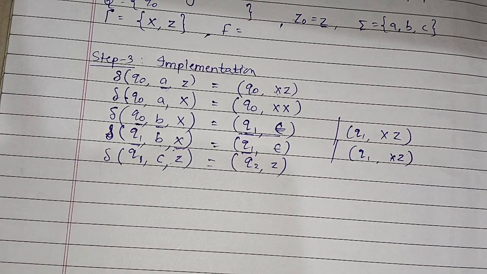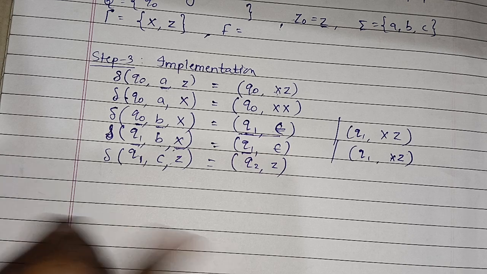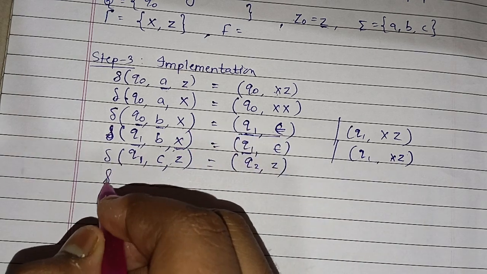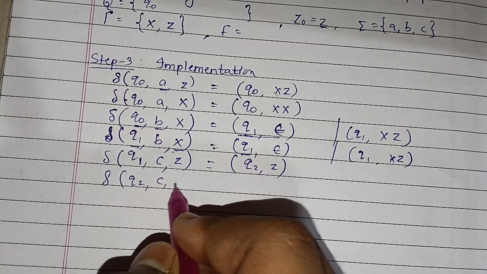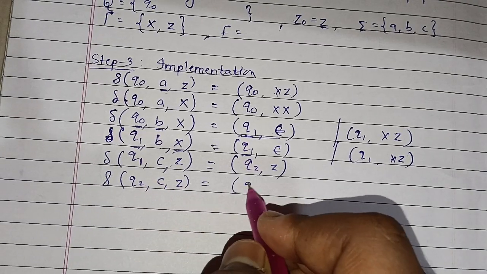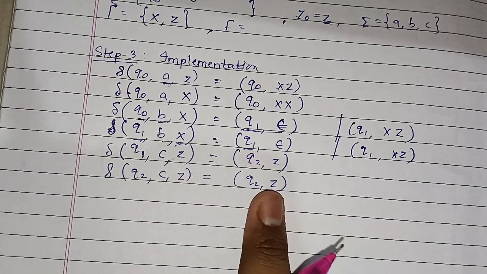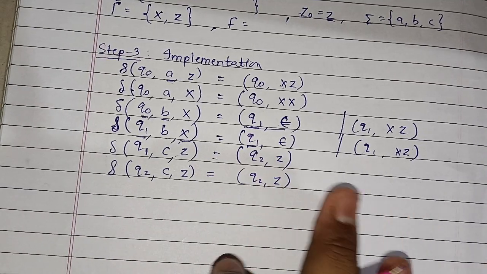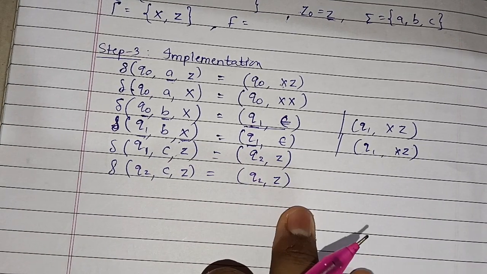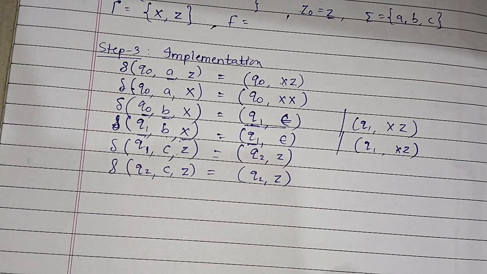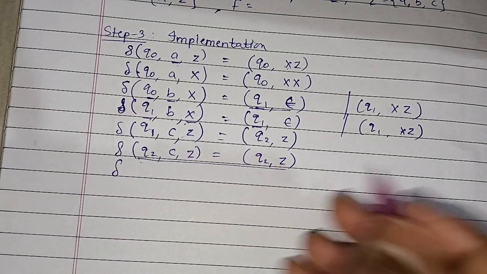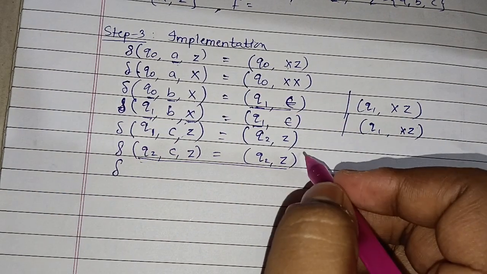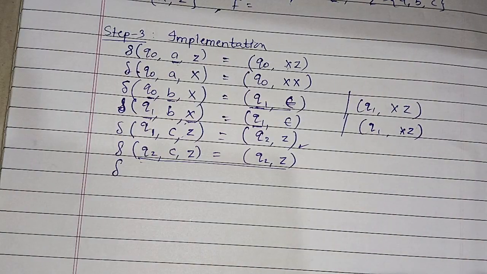I don't want to pop or push anything, I will bypass. Again in q2 with c and stack top Z, I will bypass c only, no need to push or pop. This step bypasses the c's, and this also bypasses, no issue.